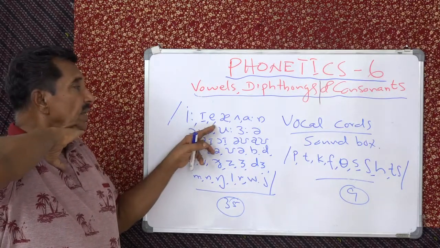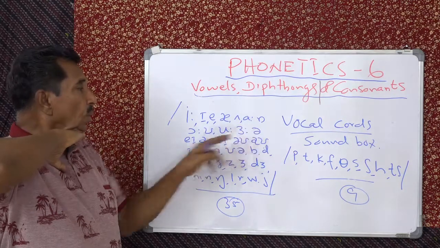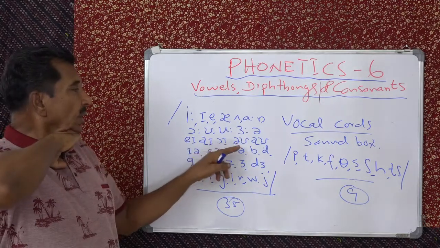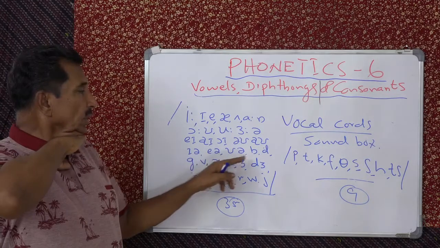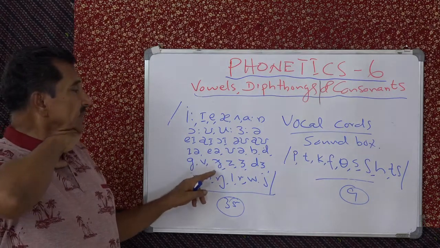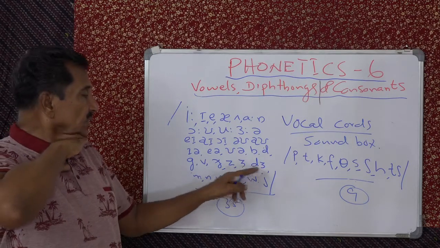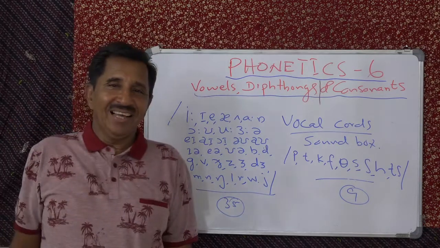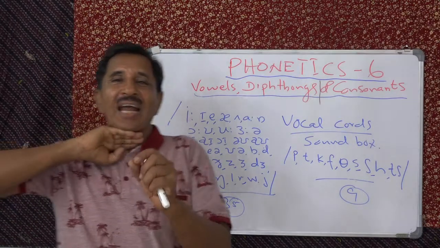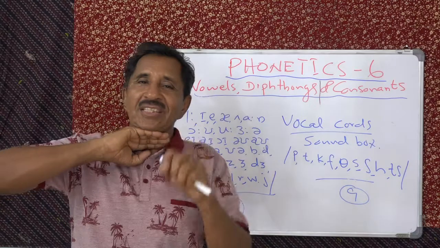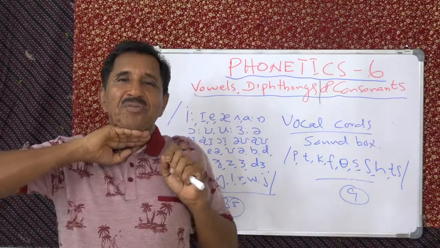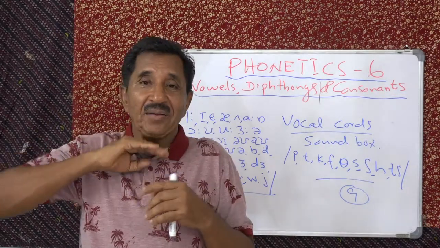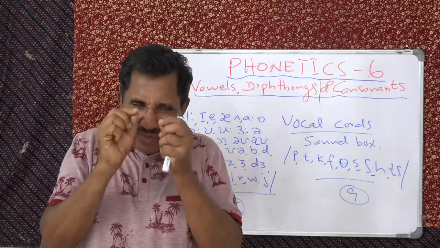E, O, A, I, B, D, G, V, Z, J, M, N, L, R. You will see the Adam's apple, the sound box, come forward a little, and you can feel the vibration, the fluttering feeling.